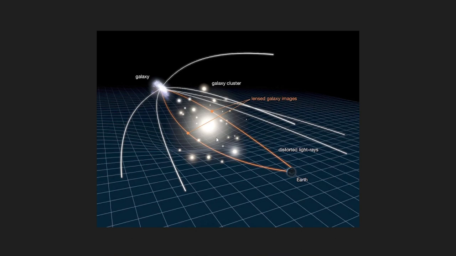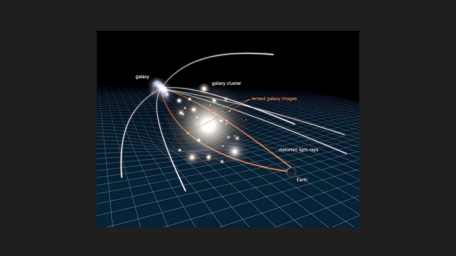Let's say, for example, we from the Earth here are looking at this particular galactic cluster, and there is a background galaxy. Now the light coming from this background galaxy bends. So from the Earth, it will look like this galaxy is seen in this direction as well as this direction.